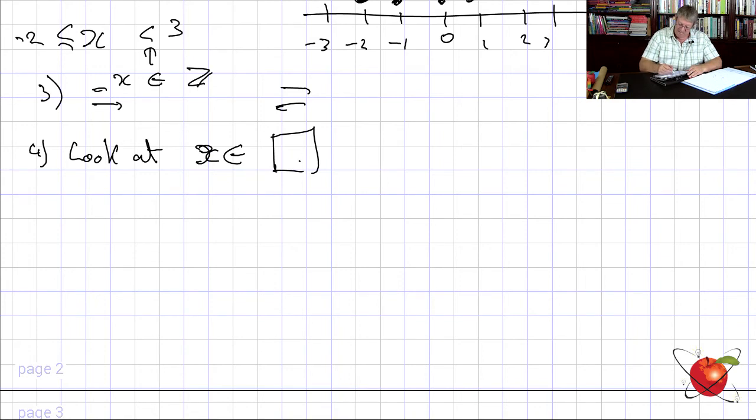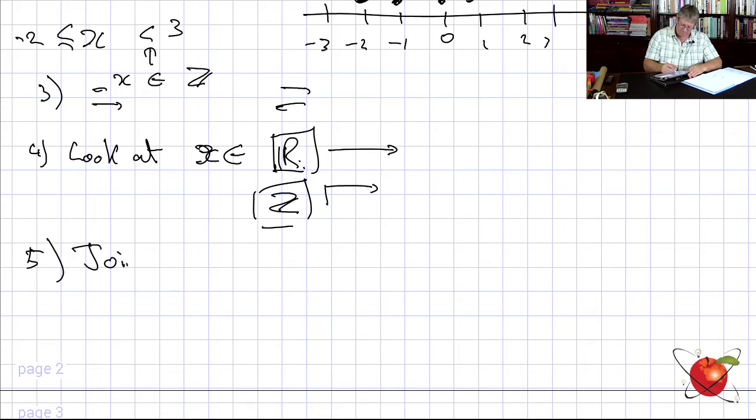This tells you if it's going to be that way or if it's going to be that way. The integers means I'm going to have that. The real numbers means I'm going to have that way. So then basically what do we do? We join up.